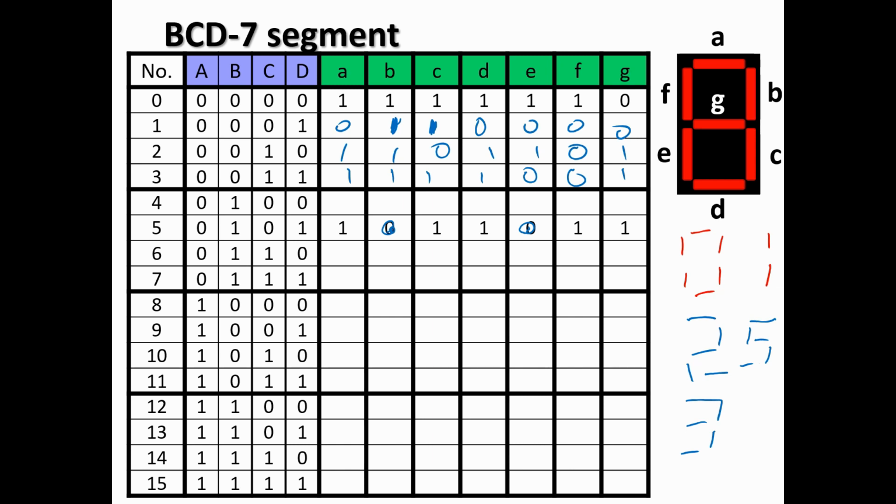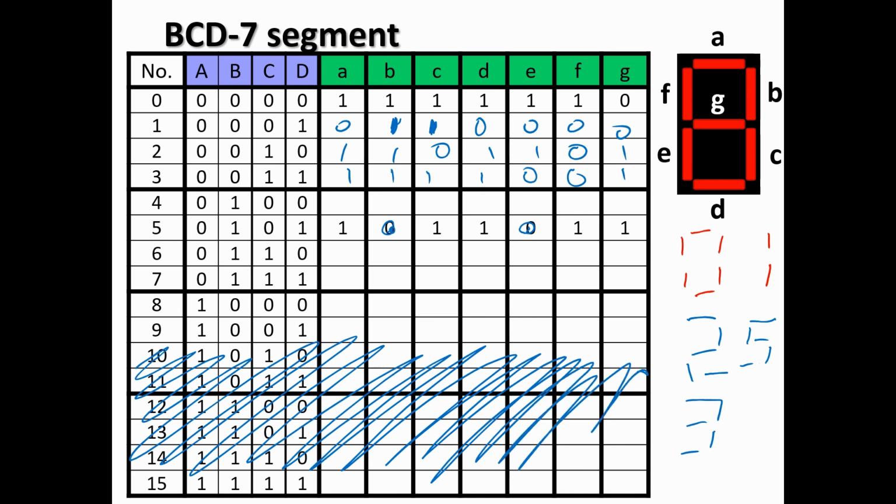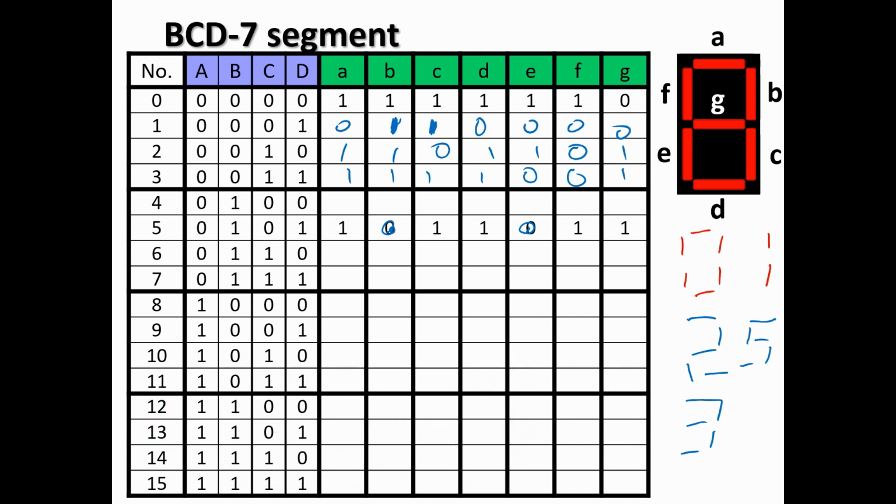Whenever you complete the table, we only have 0 to 9 digits, so we don't need the bottom part of the table to fill it out. But we do need it when we're doing our K-map, as we're going to see in a moment. Since we don't need these cases, we can put a D, which will make our K-maps and our equations at the end easier.